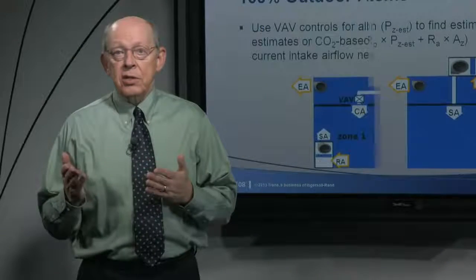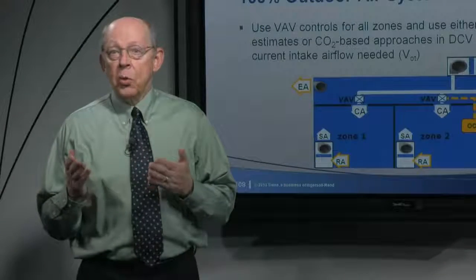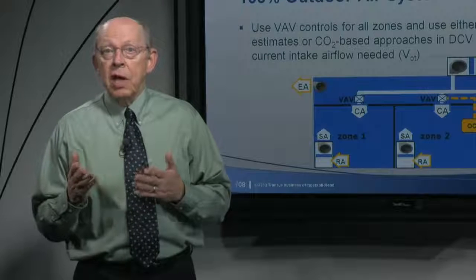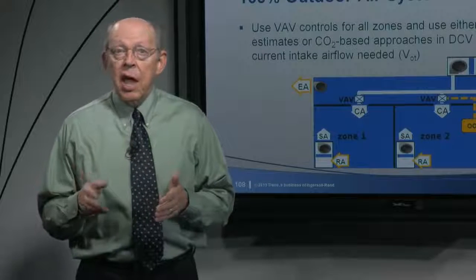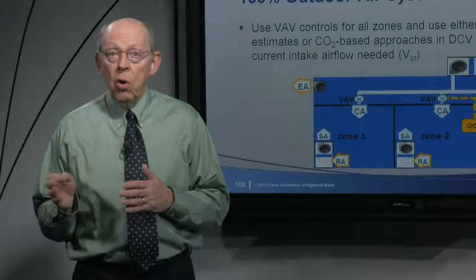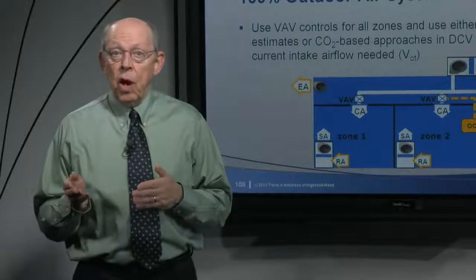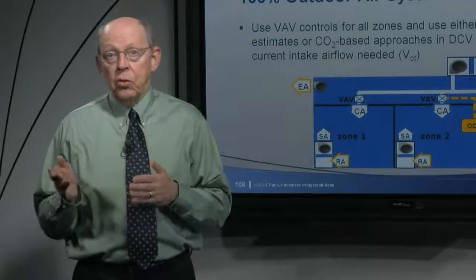Like single zone systems, demand control zones in 100% outdoor air systems can either estimate population and calculate zone outdoor airflow, or estimate breathing zone outdoor airflow using CO2.